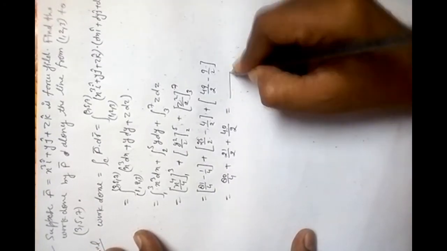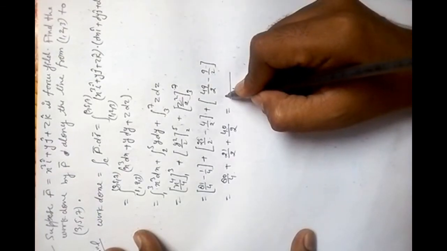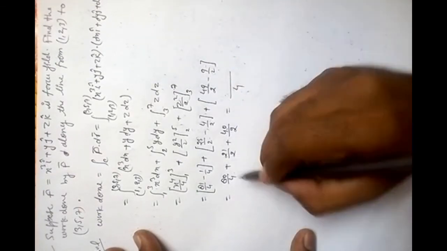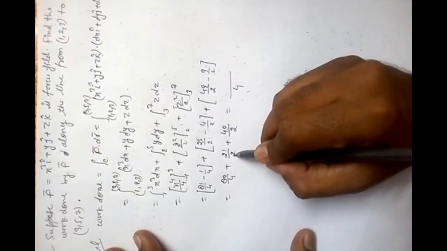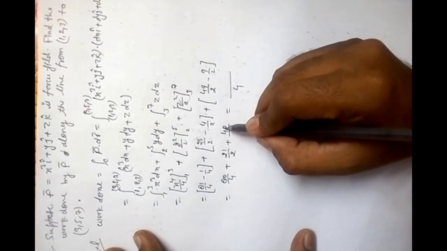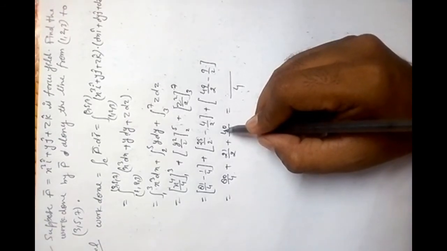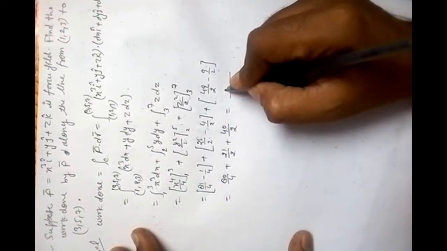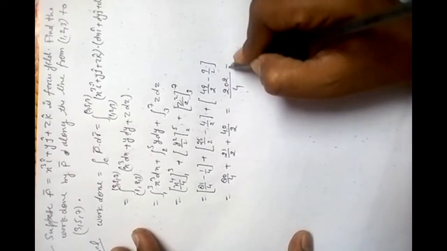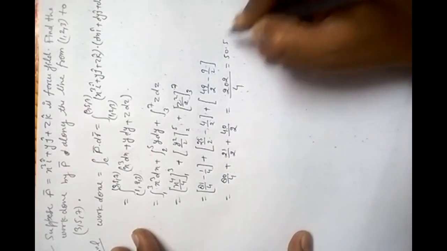So LCM is 4, that means 80 plus 42 plus 80, that means 202. Okay, that means 50.5.